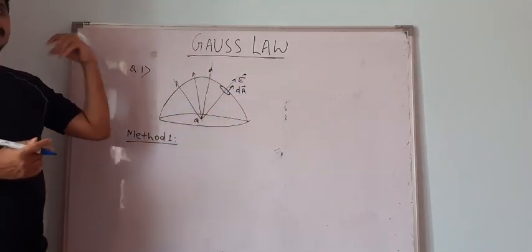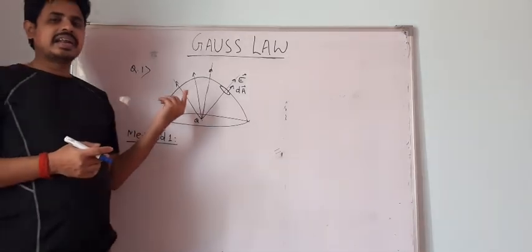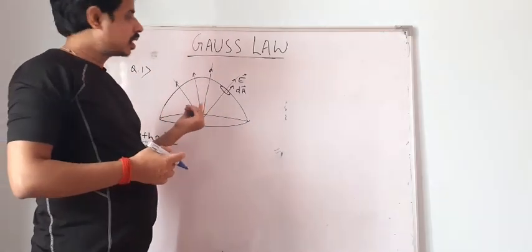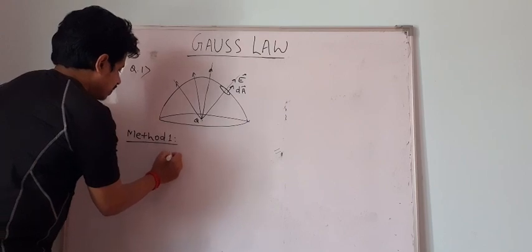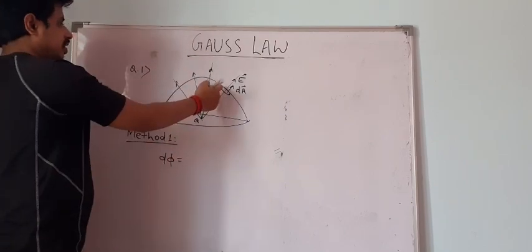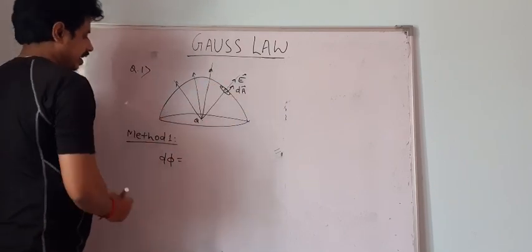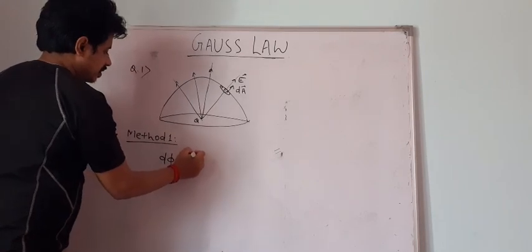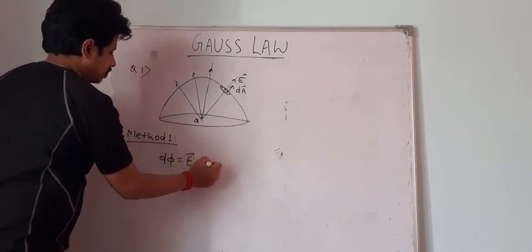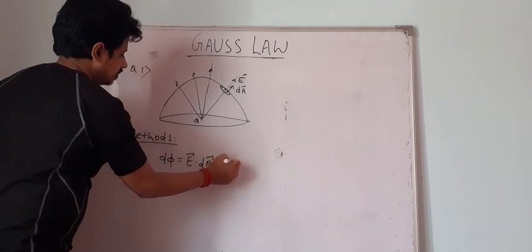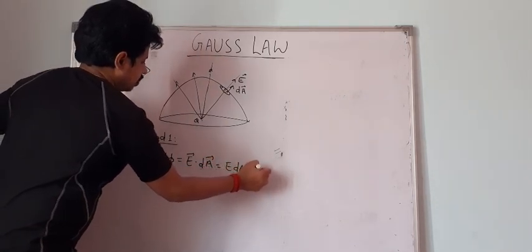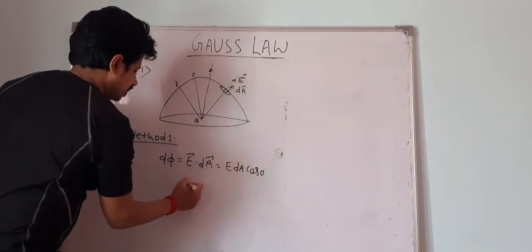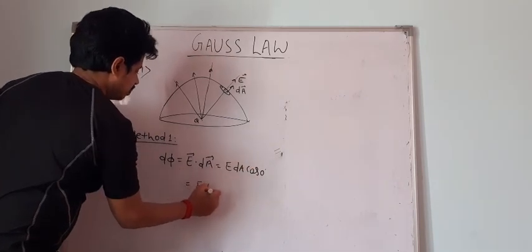So always E and dA are at 0 degree. So the small flux d phi through this area can be given as E dot dA, that is E dA cos 0 degree, that is simply E dA.